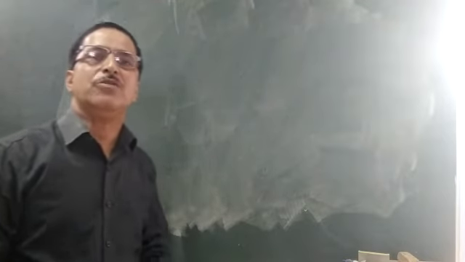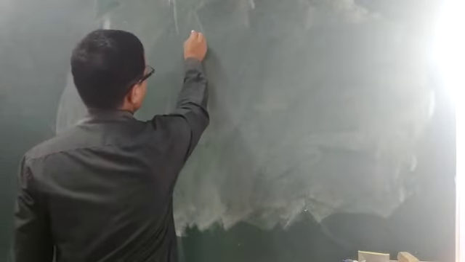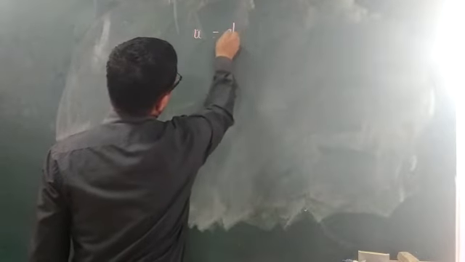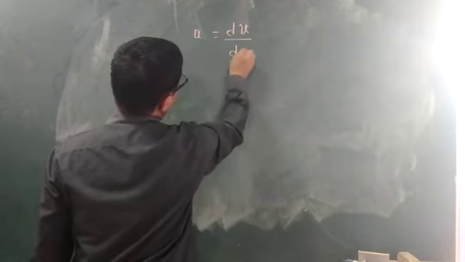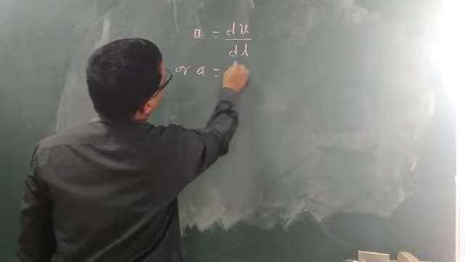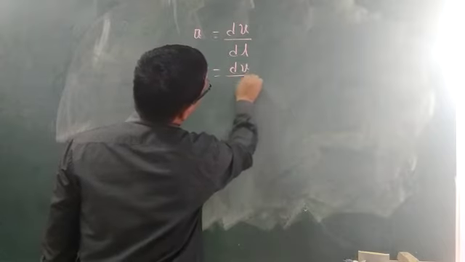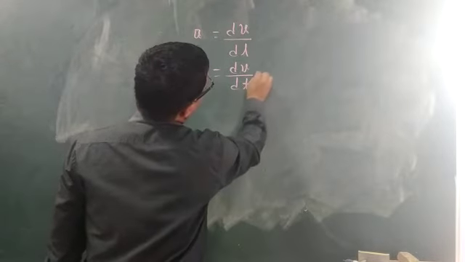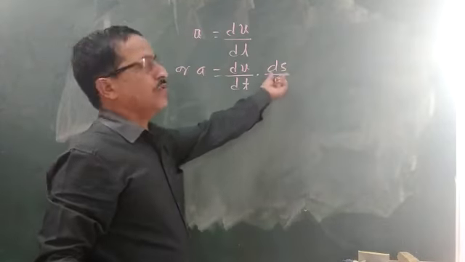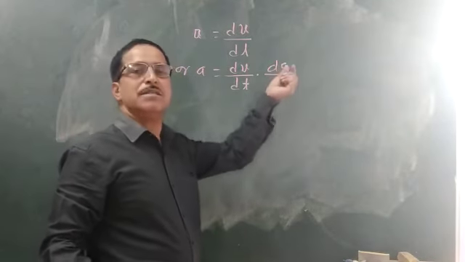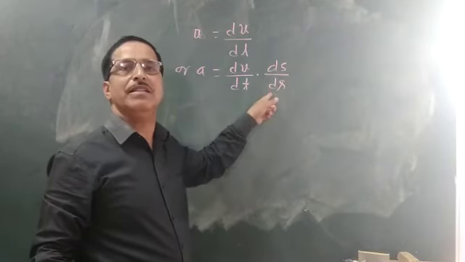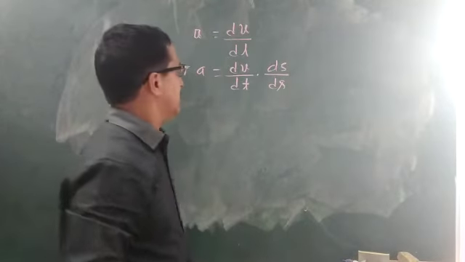For deriving the third equation, we start from a equal to dv upon dt, or a is equal to dv upon dt into ds upon ds, where ds is the small displacement in the small time dt. I have multiplied and divided the right side by ds.